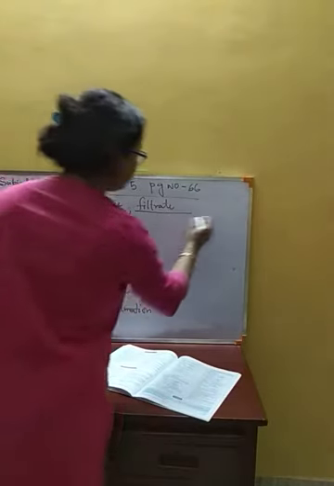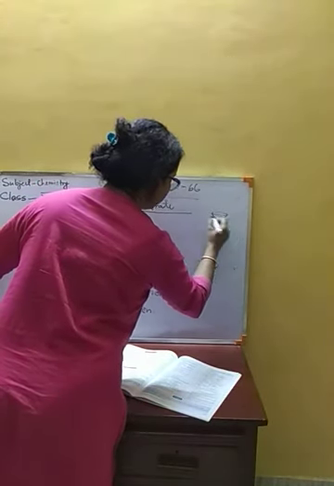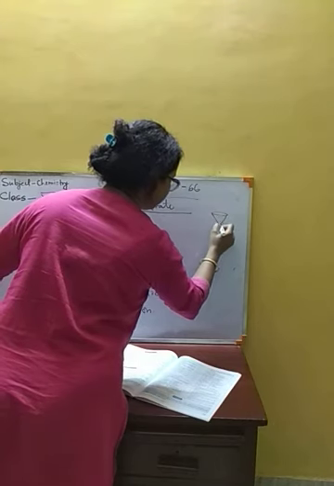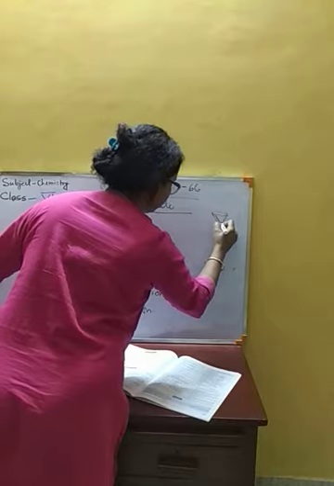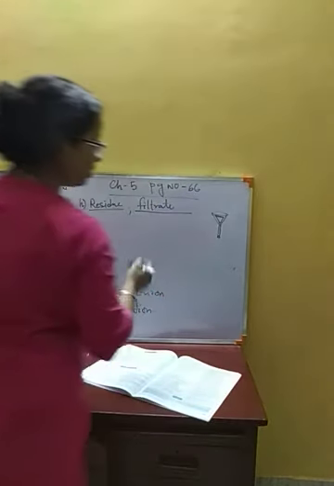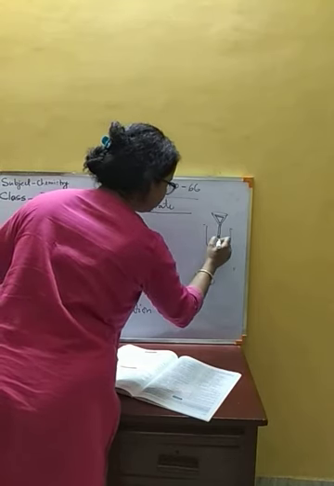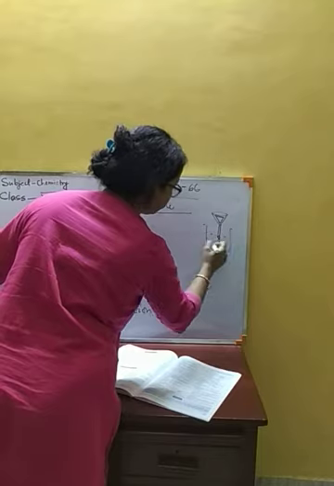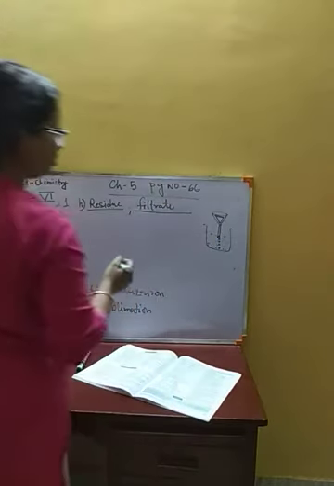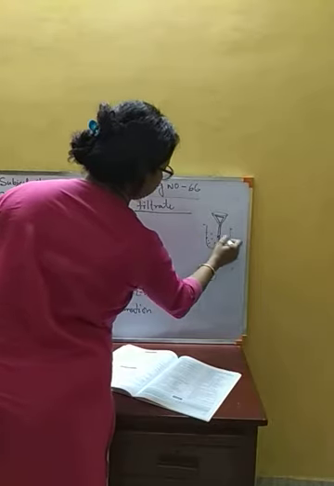Suppose in a filter paper we are doing the filtration. So this is the filter paper. Here we are taking the filter paper in this manner. We have placed a beaker, and through this the clear liquid will fall and can be collected in this beaker.